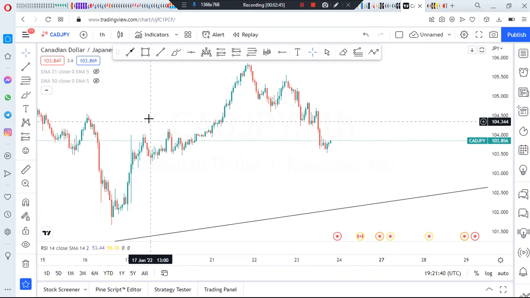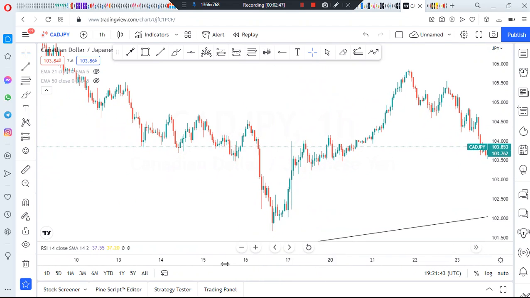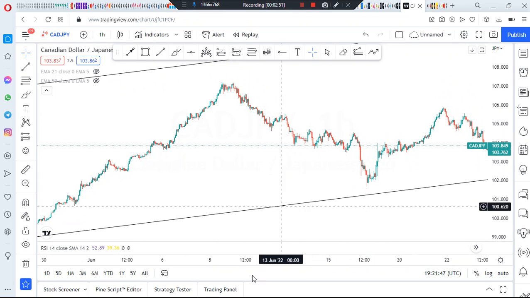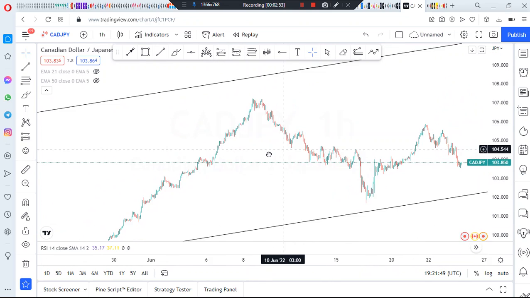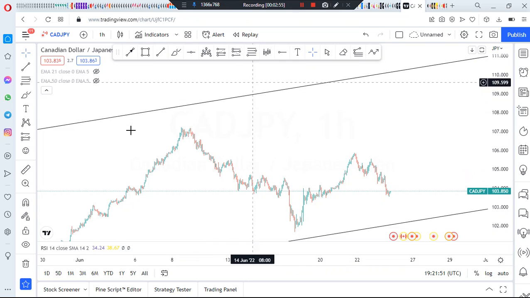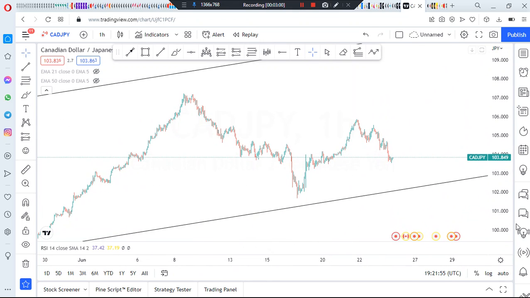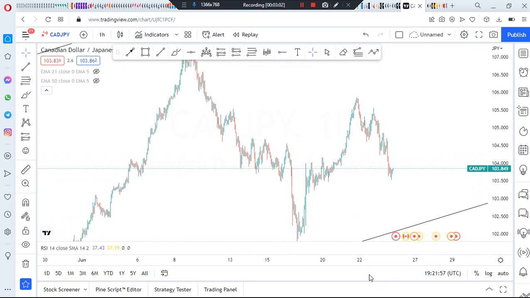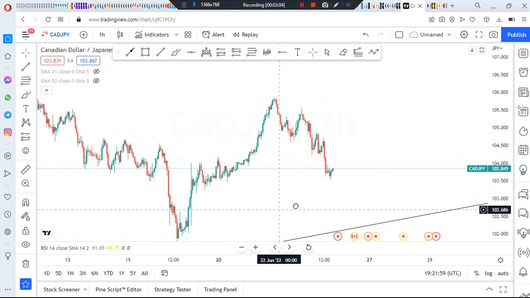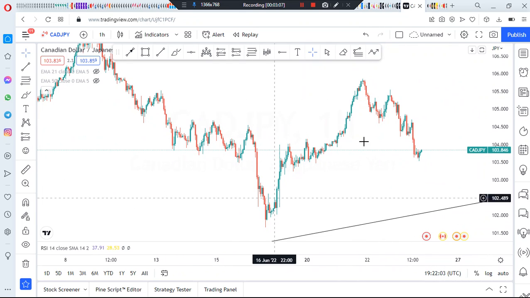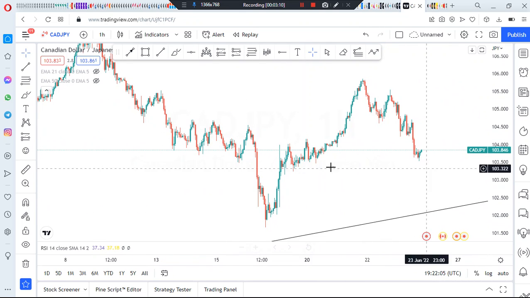Okay guys, so this is what we have on the 1 hour time frame. Let me just zoom. As you can see, this is our top trend line, our upper trend line, and this is our lower trend line. So what are we doing here? We want to focus on this structure that is actually forming around here.